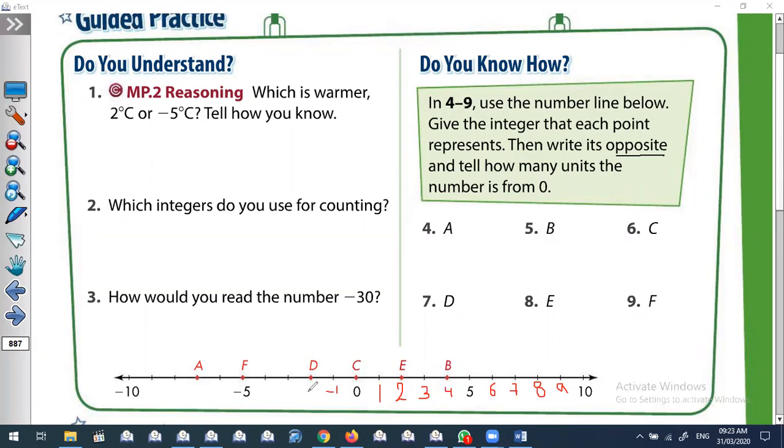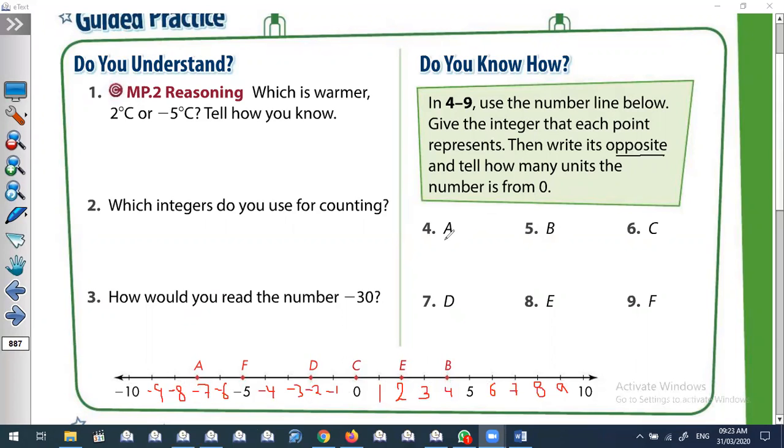Negative 1, negative 2, negative 3, negative 4, negative 5, negative 6, negative 7, negative 8, negative 9, negative 10. Now we complete the number line. So 0 in the middle, on the right the positive numbers, on the left the negative numbers.